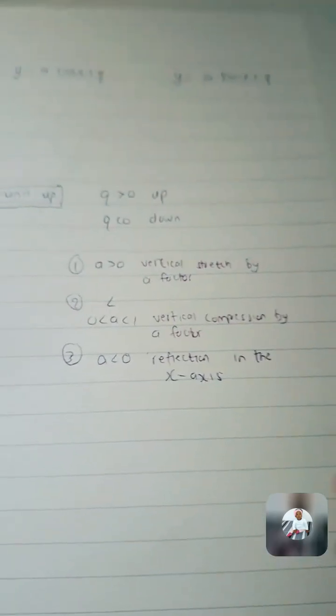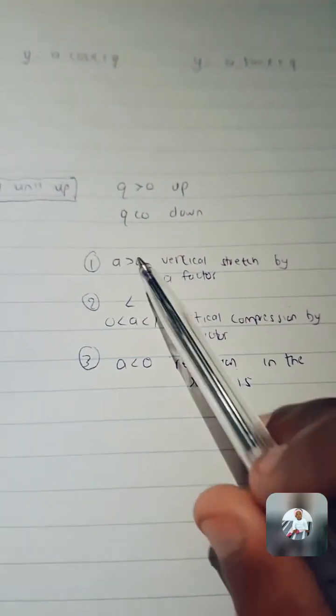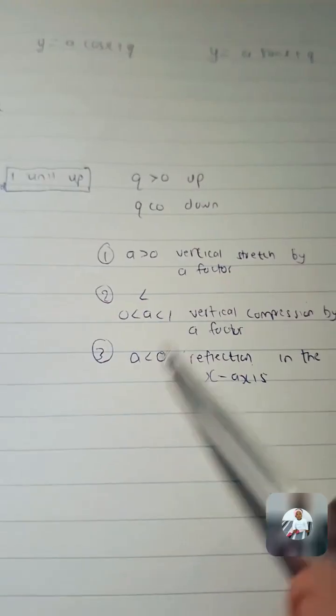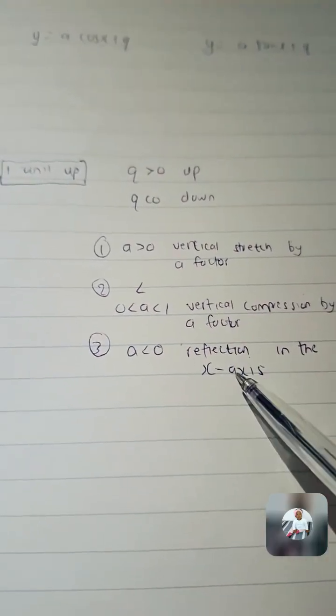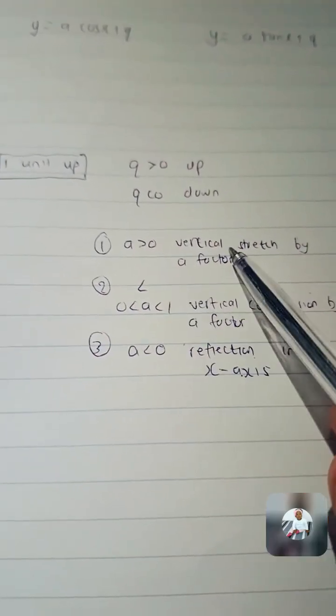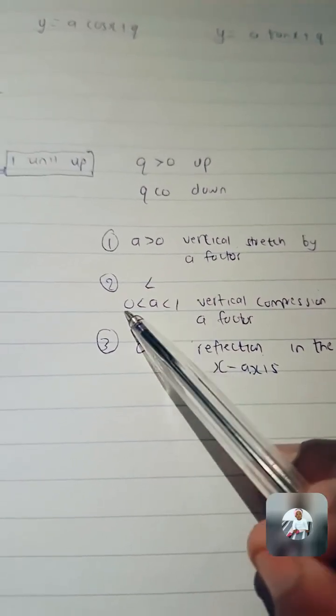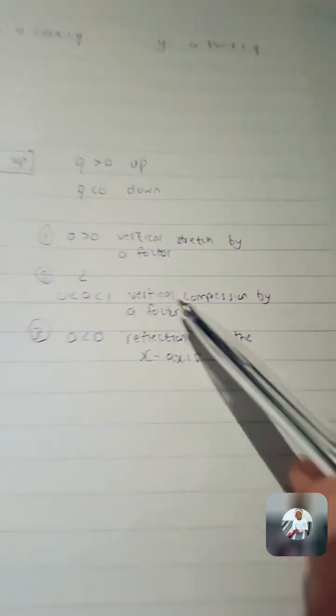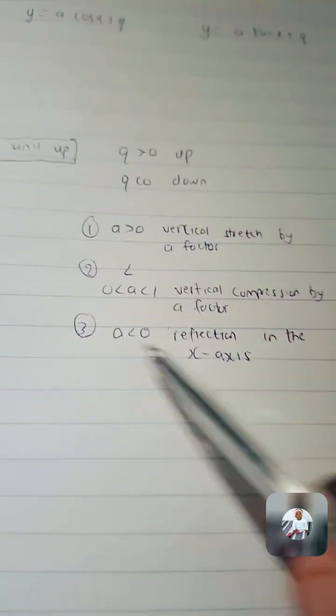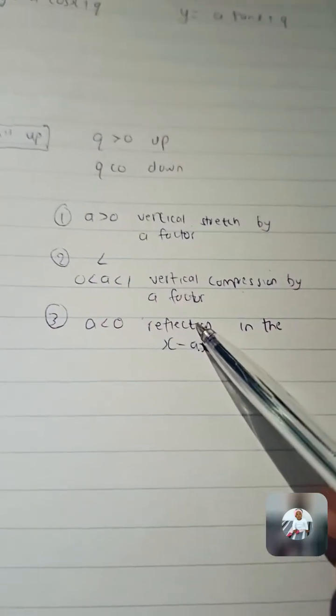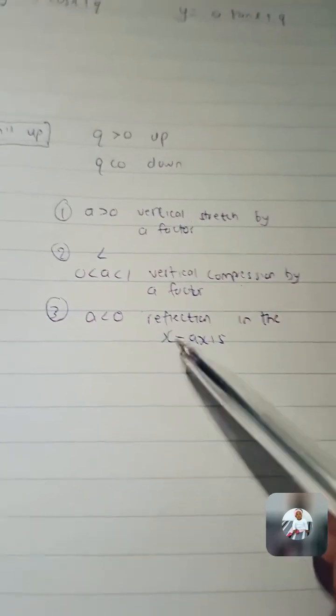These are very important parameters that we need to understand first. What is their nature? What do they do? A greater than 0, give vertical stretch by a certain factor. A between 0 and 1, give vertical compression by a factor. A less than 0, give reflection in the x-axis.